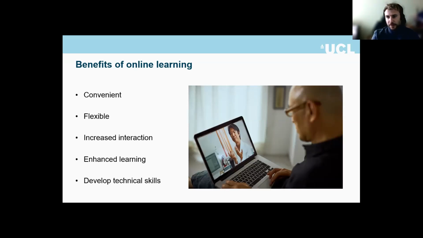Whereas when people are in person, people's natural inclination to engage or not comes out more, while online they kind of have to. So we feel it works quite well, with increased interaction and potentially enhanced learners, we hope. You also get the opportunity to develop technical skills by using different technologies online.